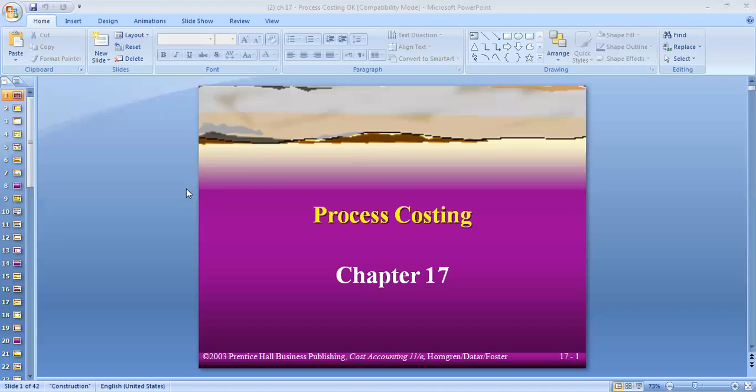Then the report of the process costing should include input costs and output costs. The input costs are the items of cost used during the period and their total. Then the output cost is the completed units cost plus the work in process cost. Both should be equal, I mean the input cost and the output cost.